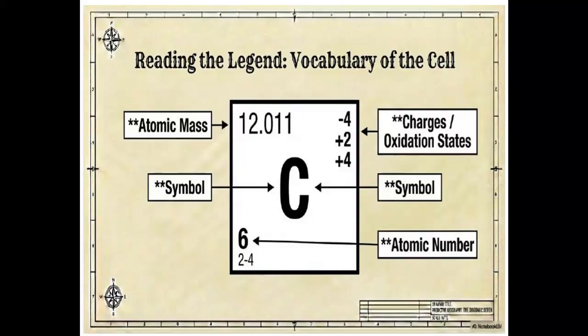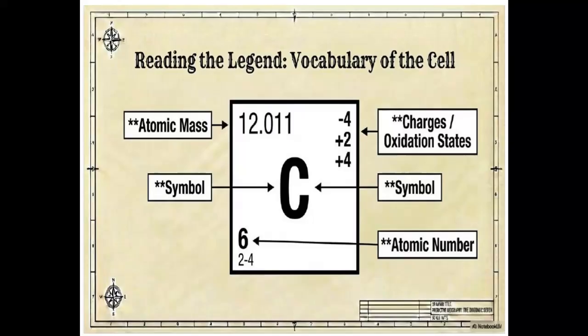So summarizing, when you look at the periodic table, you have the letter, which is your symbol. Some symbols have 1 letter, some have 2 letters. If it is 1 letter, it's always an uppercase letter. If it is 2 letters, the first one is uppercase, the other one is lowercase. That's how you recognize the elements, by the symbols.